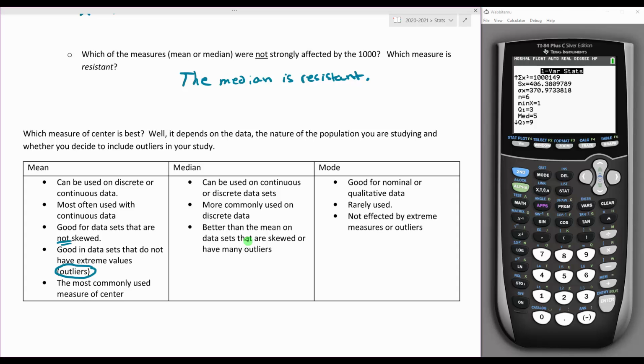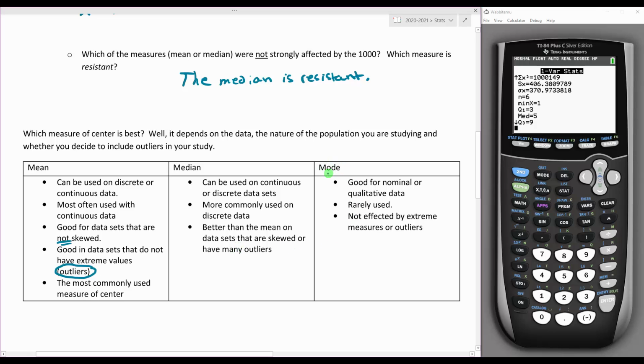Those are the kind of values that can really skew a data set. And in most cases, most statistical reporting agencies, when they report on something like income, use the median. So the median income is much more reliable than the mean income because of those outliers.